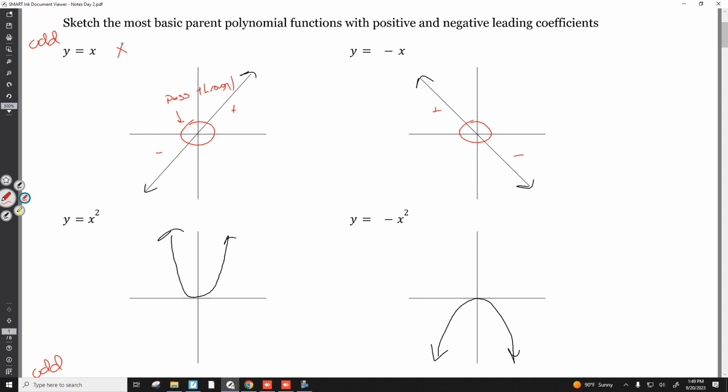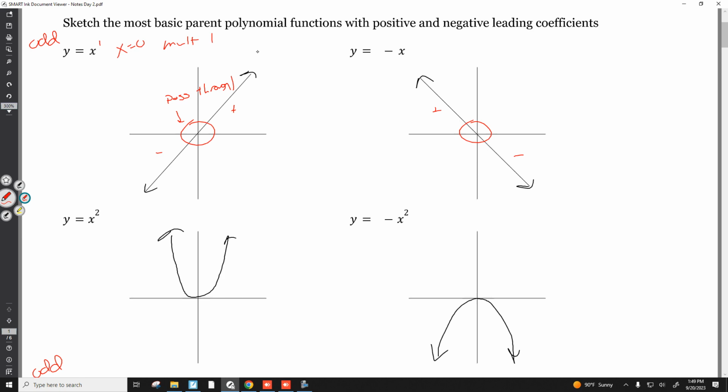Here, x equals 0 is our 0, but its multiplicity is 1 because we just have x to the first. If you understand y equals x, it makes sense that having a 0 with a multiplicity of 1 would go right through the x-axis just like y equals x does.